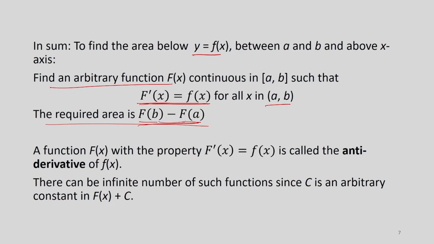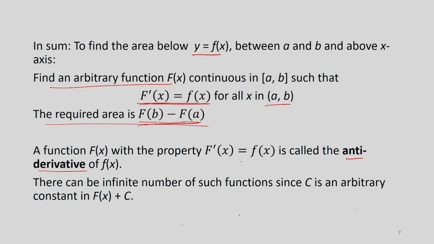This is called, as we shall see, this particular F function, capital F function, will be called the integral. The function capital F(x) with the property F dash of x is equal to f(x) is called the antiderivative of f(x). Why is it called antiderivative?